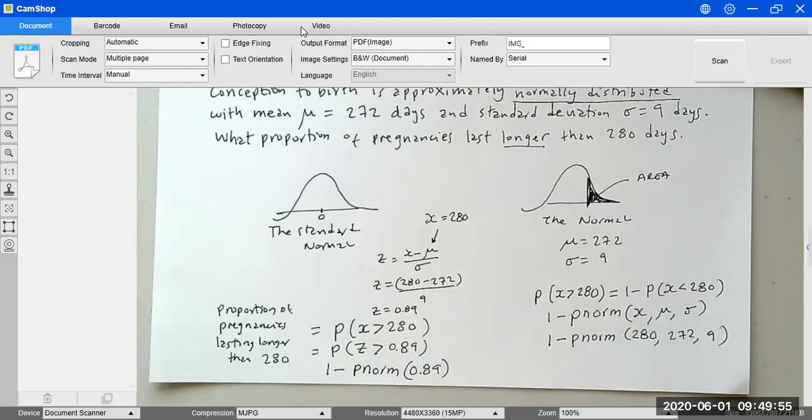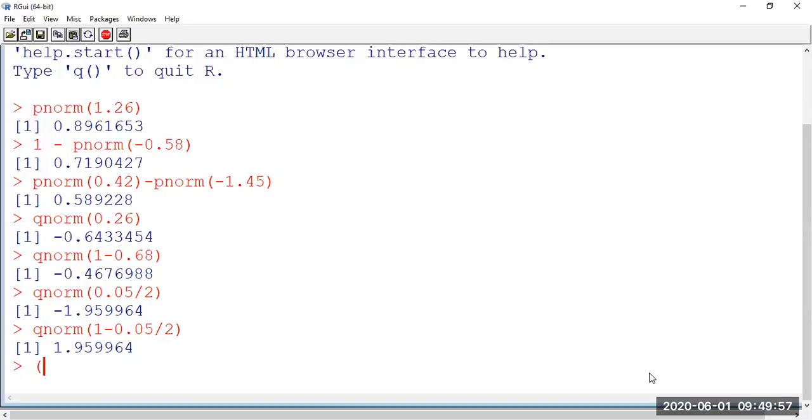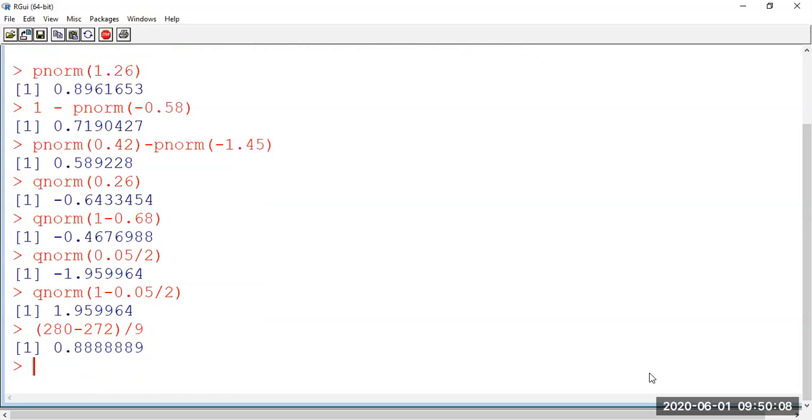First, I'm going to confirm that 280 minus 272, using parentheses for the numerator, divided by 9 is 0.8889. Okay, 0.89.